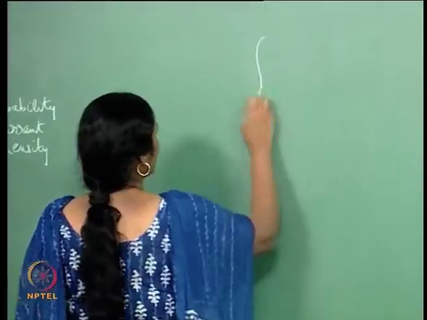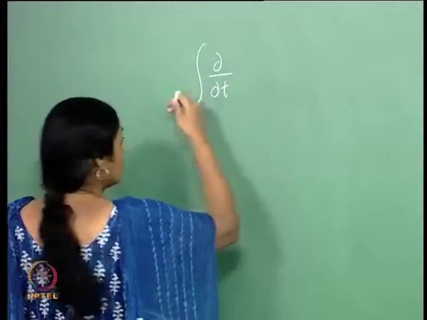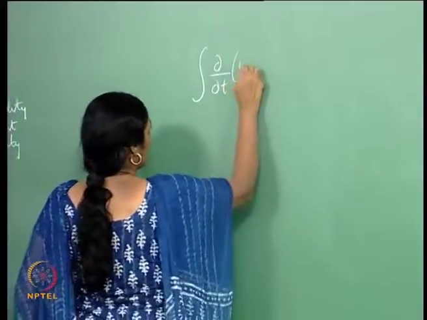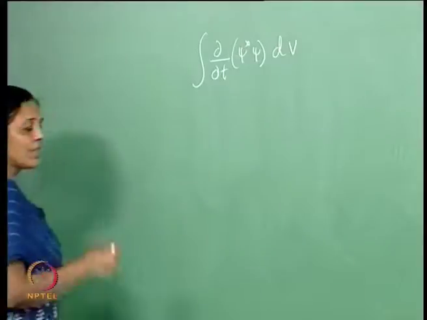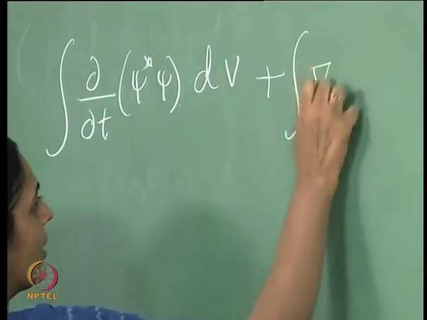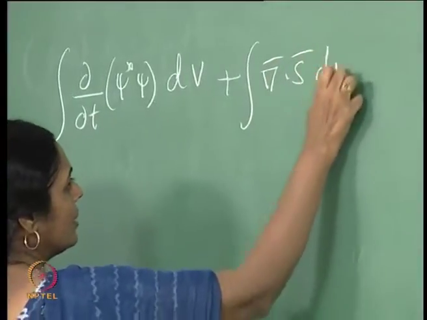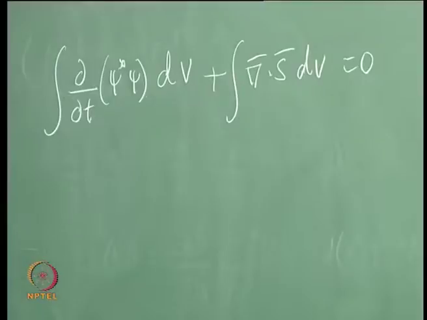and do an integration over x or over the volume, because we are now doing it as a 3-dimensional problem, integral of the time derivative of the density dV, that is the volume, plus integral del dot S dV, that is elementary volume, that quantity is equal to 0.